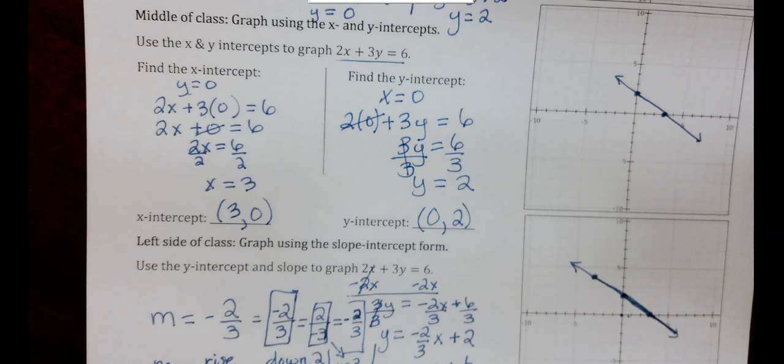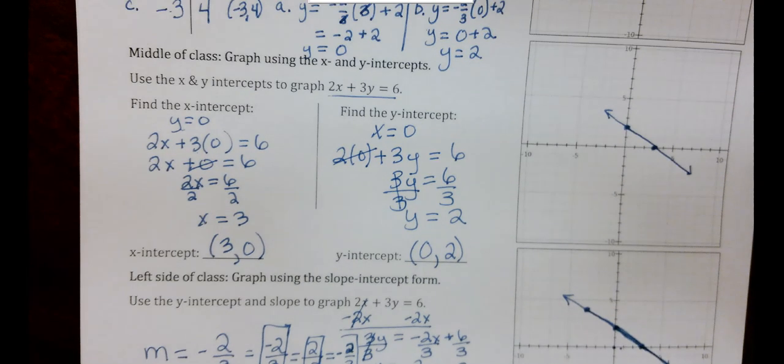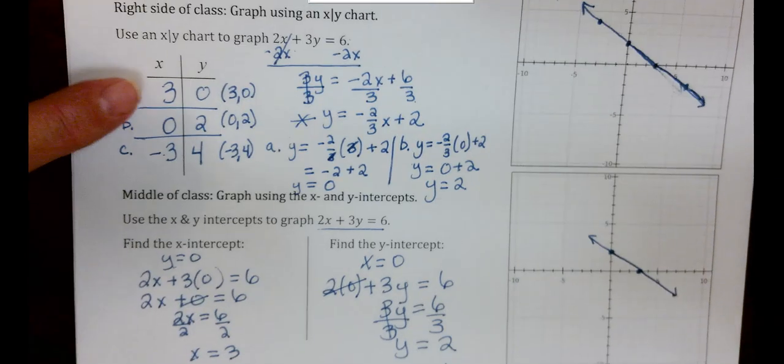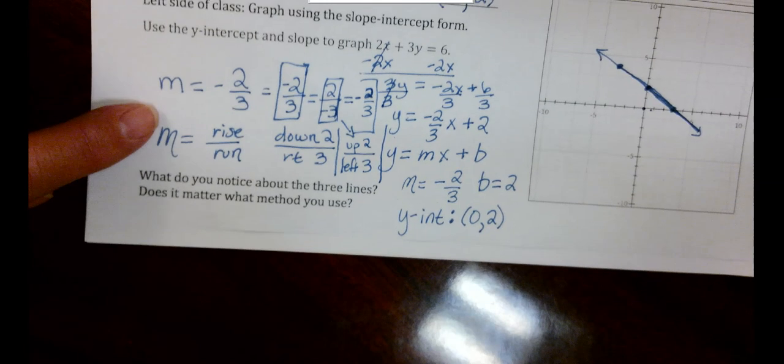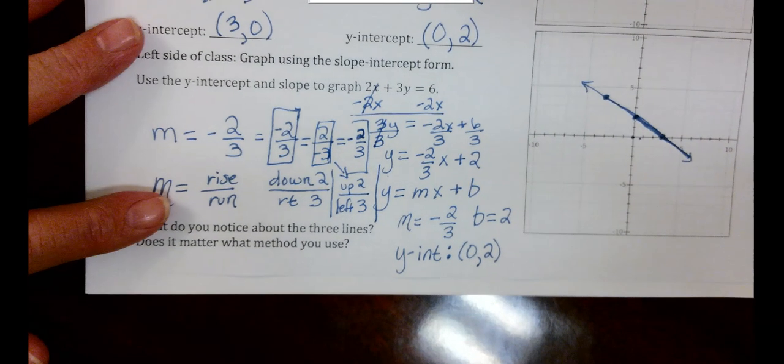So sometimes using the x and y intercepts is better if the equation is in standard form. If the equation already has y equal, or if it's in slope-intercept form, then it's easier to do either the x and y chart or go directly to the slope-intercept form of the line and graph using that.